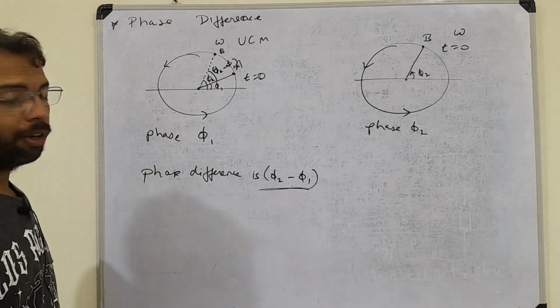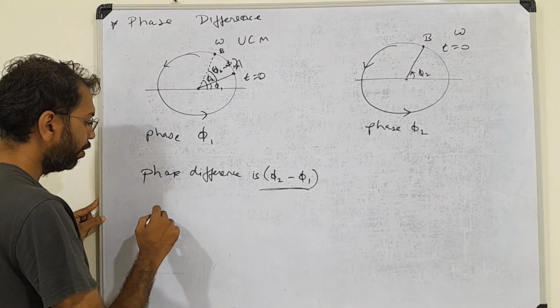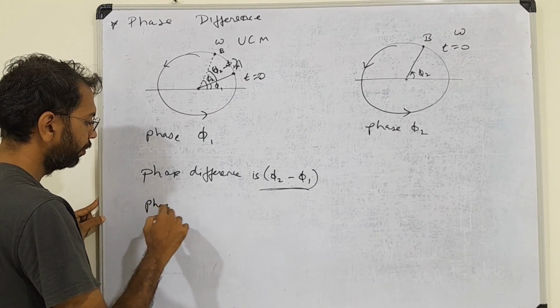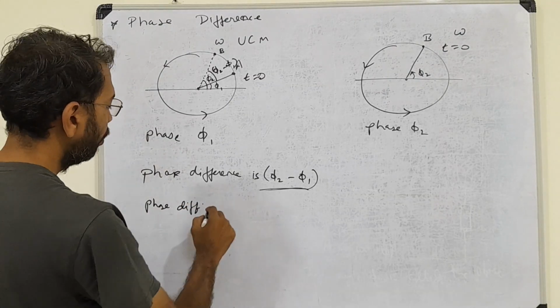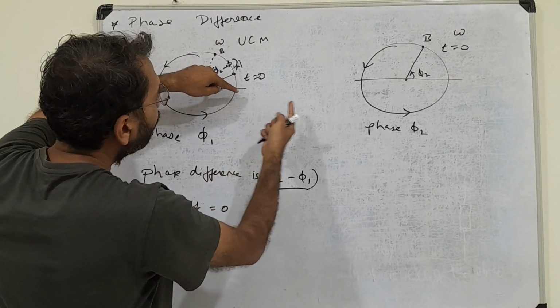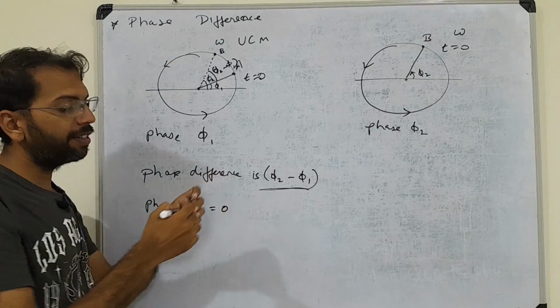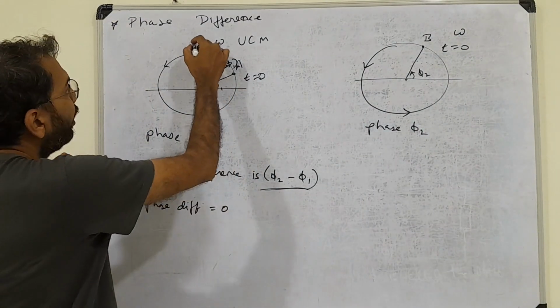So now let us talk about some special cases. If the phase difference is 0, then these particles will give us identical motion. Yes, by the way, I did not mention, let the radius of the circle be also the same.